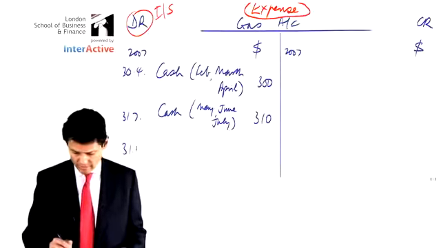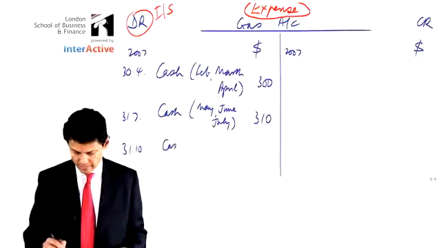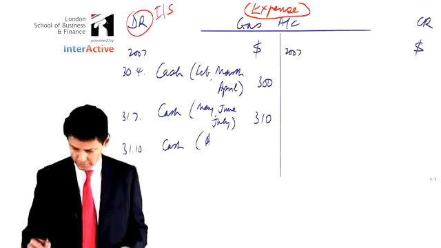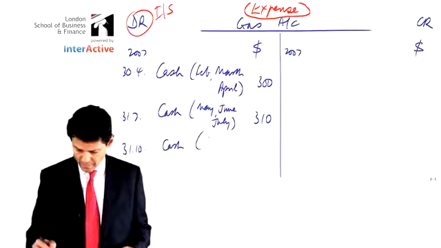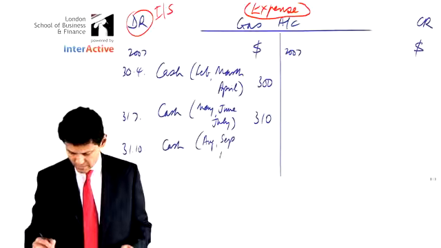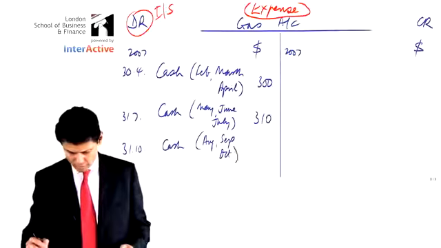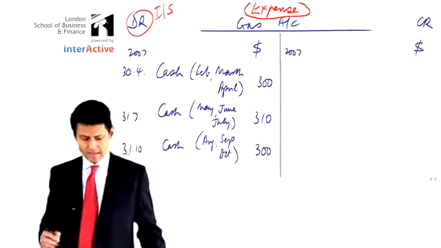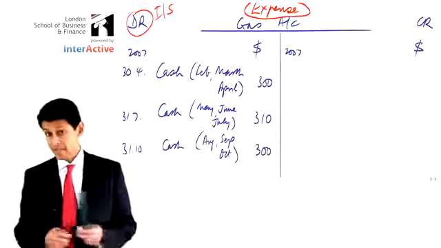And then for the 31st of October, there's cash for August, September, October, there's another 300, and then comes the danger point.